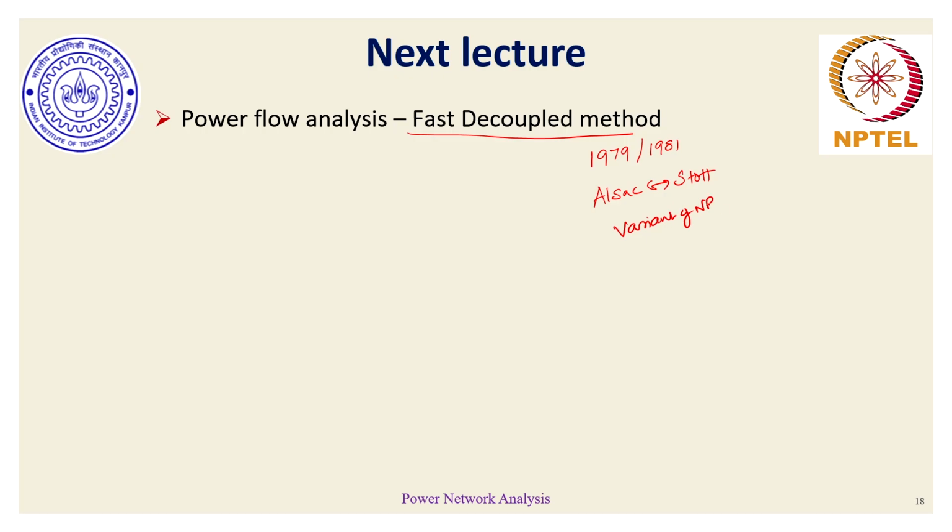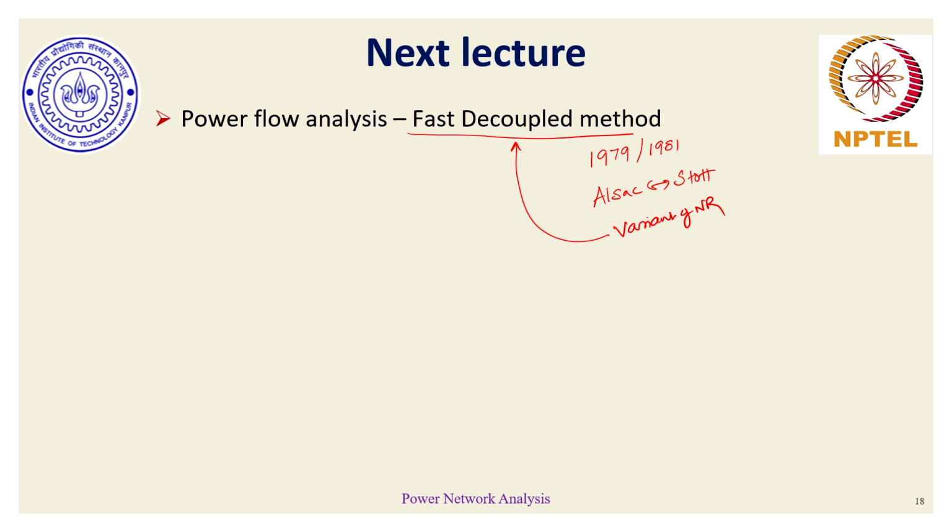There is no theoretical basis for this, but they were able to numerically prove that the fast decoupled method is actually a better method than Newton Raphson. The problem they were trying to attack was: can the number of Jacobian factorizations be limited in Newton Raphson?